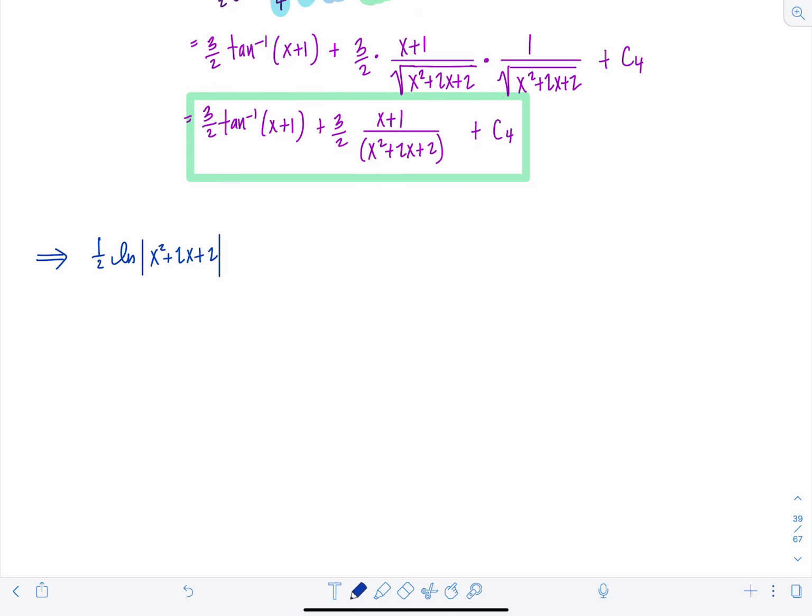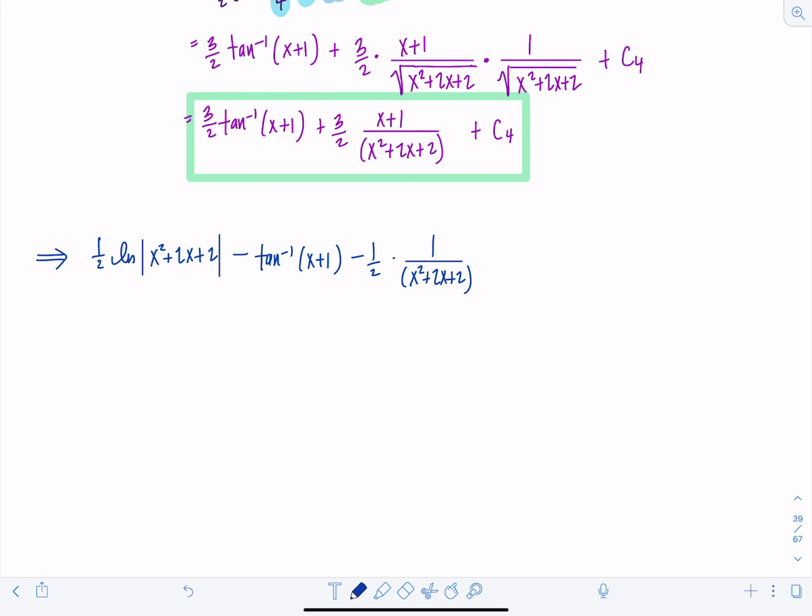You know what we like to do to make it look so snazzy. Plus, from the second one, remember I had to subtract. Second and fourth ones were negative. So I'm actually going to have minus tan inverse of x plus 1. Third integral came out to be a negative 1/2 times 1 over x squared plus 2x plus 2.